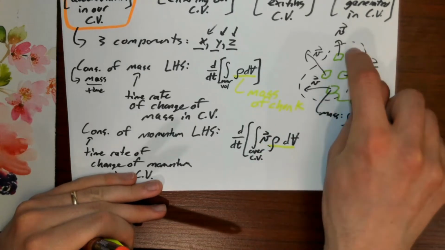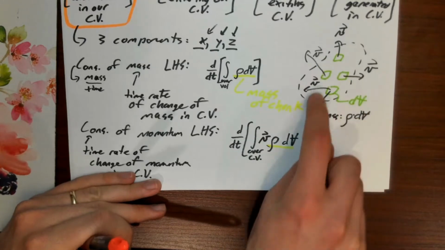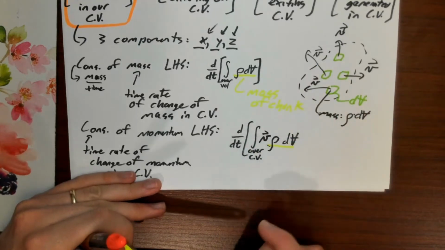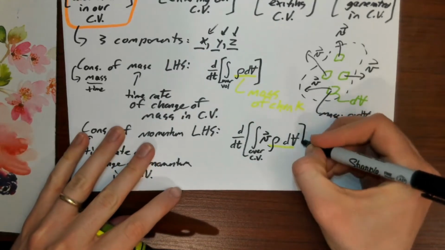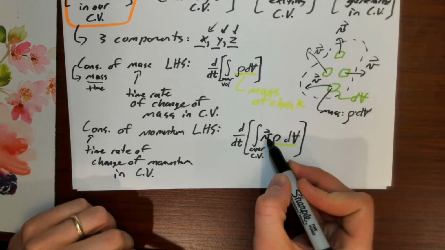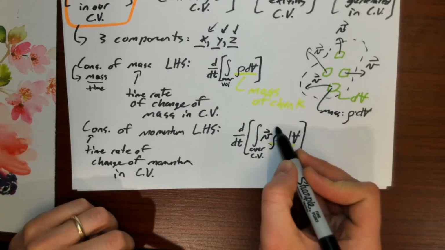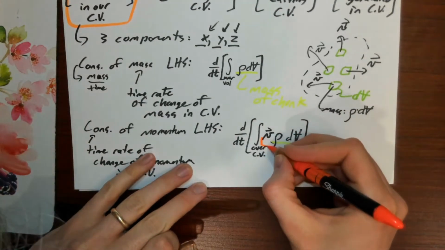And because velocity could be different for all of the little chunks in the whole control volume, I need to break it up chunk-wise and then add up the momenta of each of those individual chunks. So there we have it. Rho dV is the mass of a chunk. I multiply that by the chunk's velocity to get the momentum of a chunk. So this is a chunk momentum.